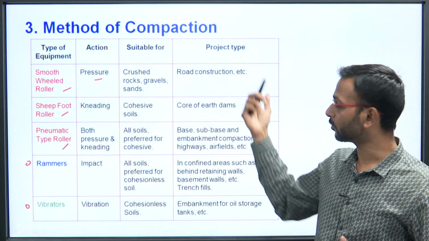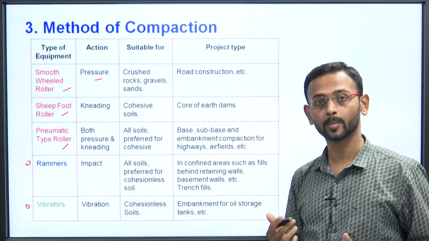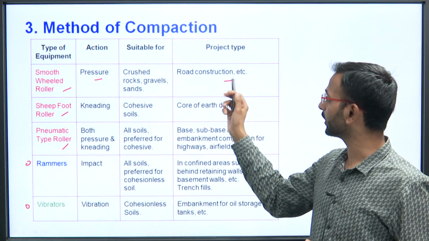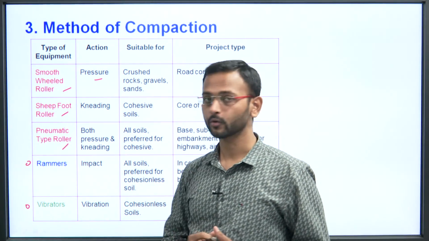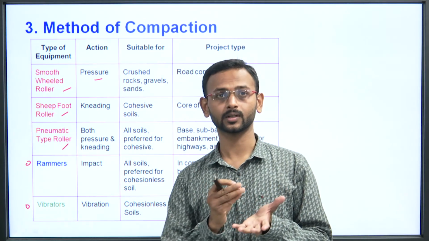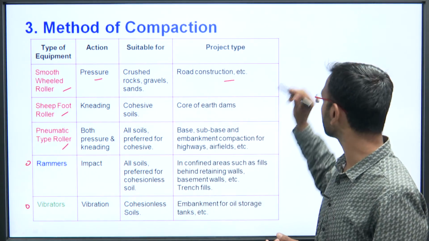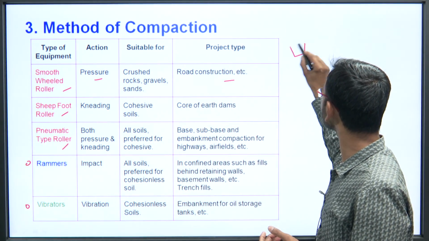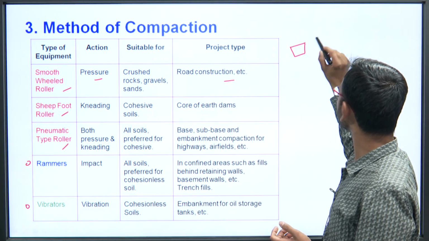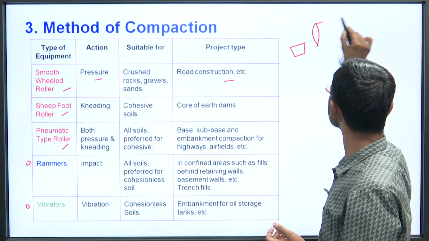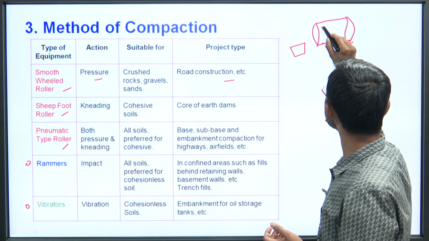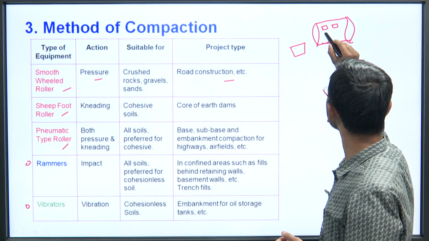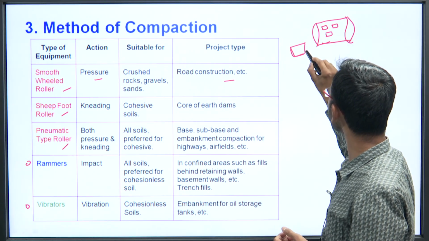Now, for what type of project is it majorly used? You already know this: road construction. Now, if you talk about the sheep foot roller, you have seen a sheep's foot, which is somewhat like this. Let us say this is a drum, and it has some protrusions in this shape.